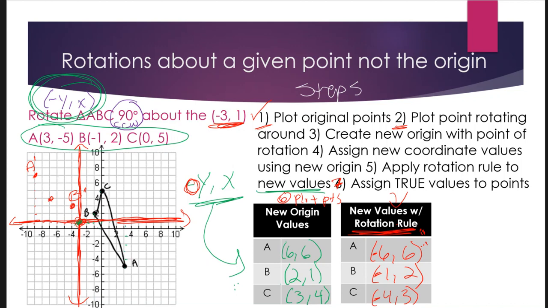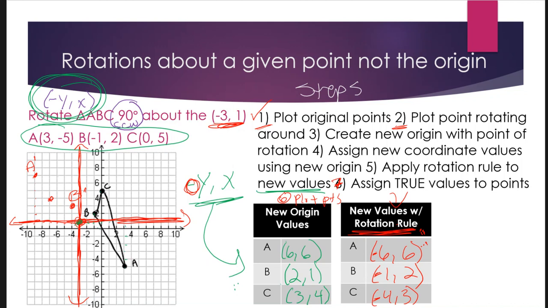What did I do wrong? -6, 6. Hold on. Oh, I did switch it. Hold on. Just trying to make sure I did this right. Did I switch them? Yes, I did. So -1. That was positive 2, 1. Okay. And then C was 3, 4. So that looks right.